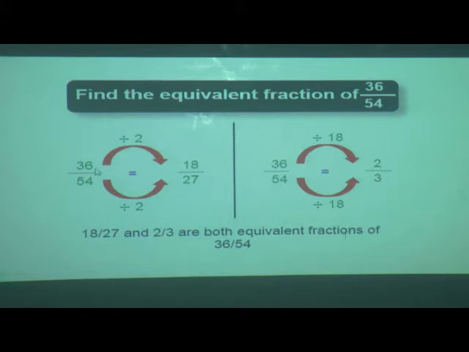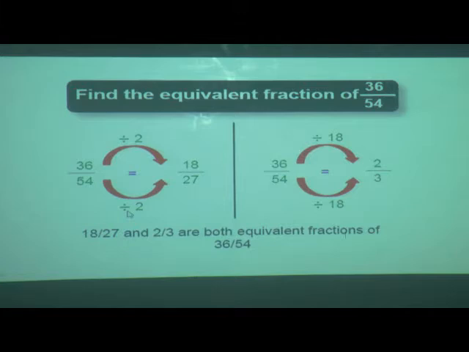If you don't know, I told you many a time that you can go for the practical division and find out, but here we don't have too large a number, so you know the table. So 36 divided by 2 is 18 and 54 divided by 2 is 27. What did we do here? Yes, we did division.